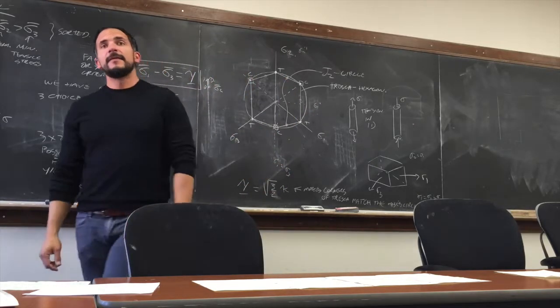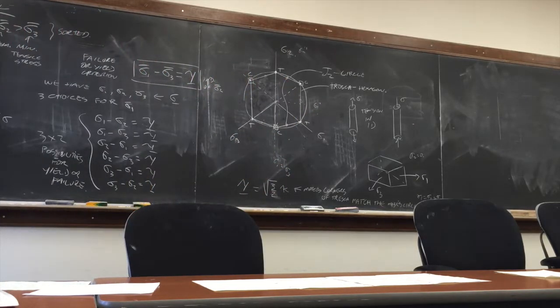Okay. But what he's saying basically works, because if you are pulling in the 3 directions, sigma 1, sigma 2, sigma 3 equal to sigma, on the hydrostatic axis, and then you unload sigma 2 from sigma to 0, you're basically compressing it. Right? You're going from positive to more negative. Yes, basically that's right.